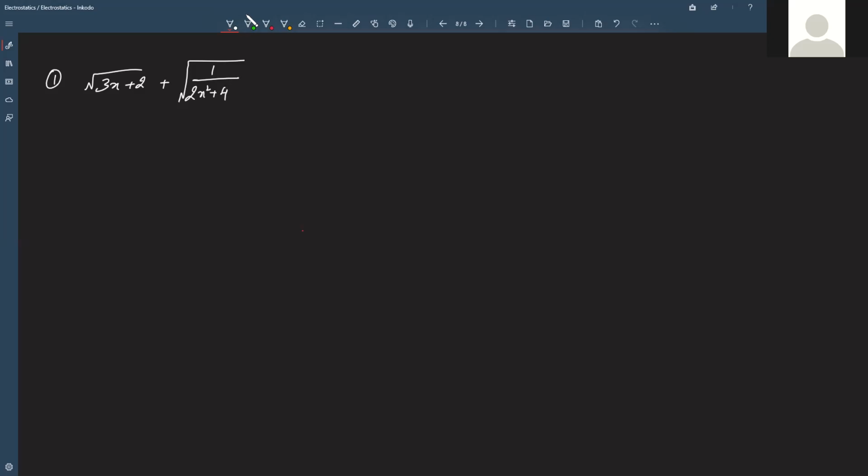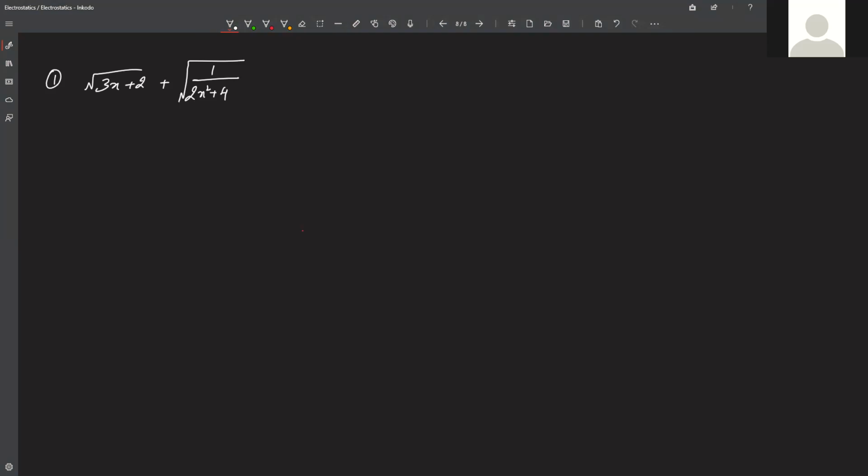If you see this, both of these are actually polynomials to the power half. Square root is nothing but something to the power 1 by 2. So let's differentiate this now. Both of them can be differentiated as usual.